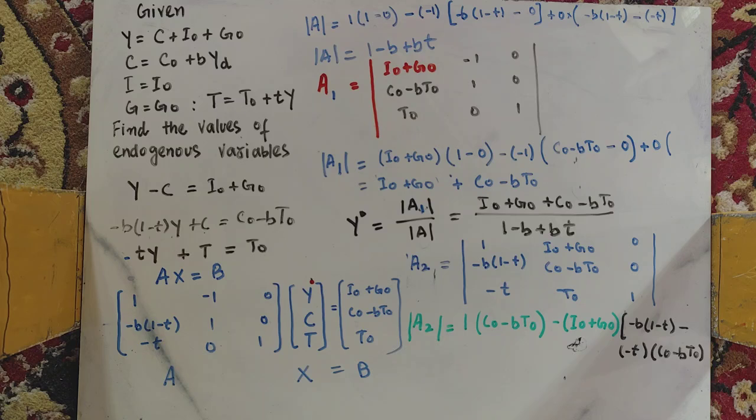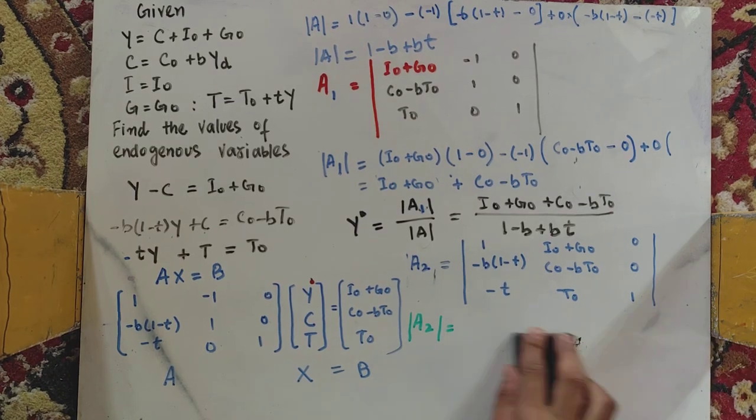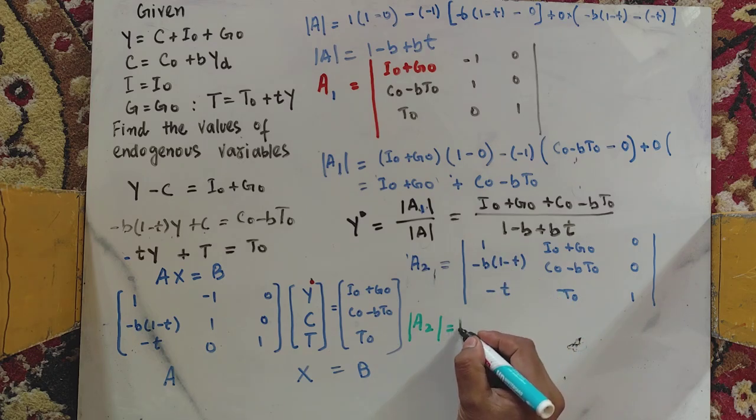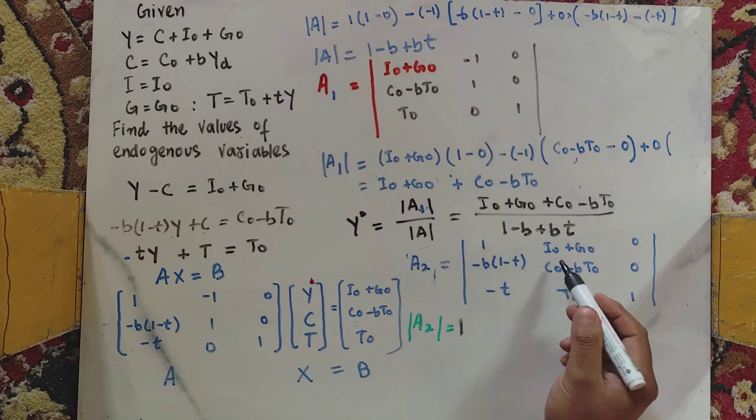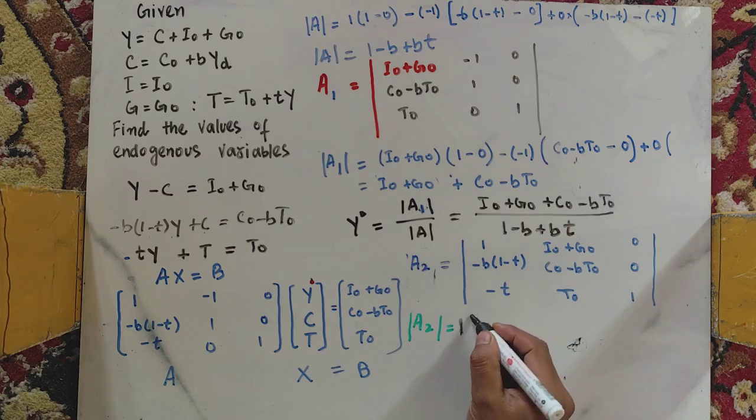Wait a minute, I guess I have done a mistake here. Why? So first we have this 1, okay, and we multiply it with this determinant.